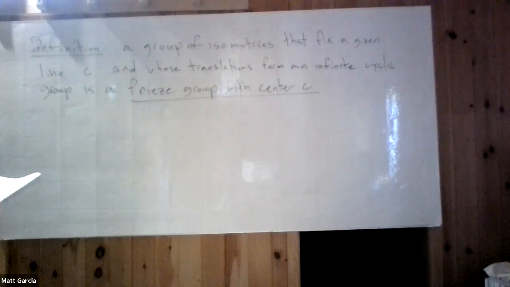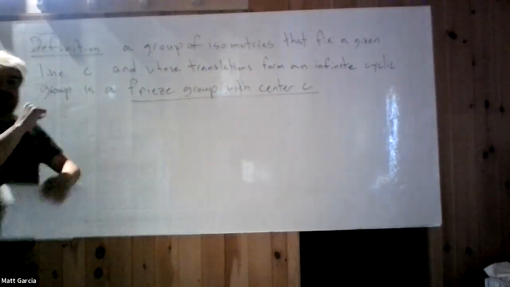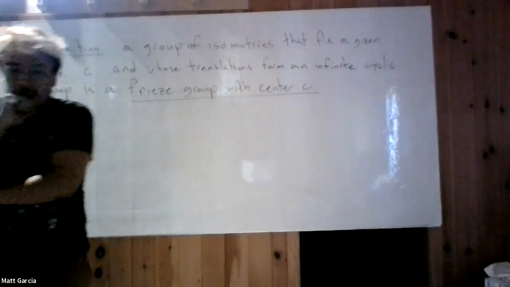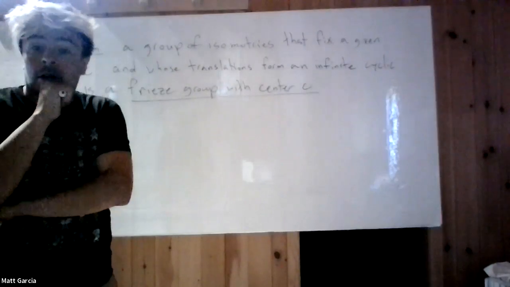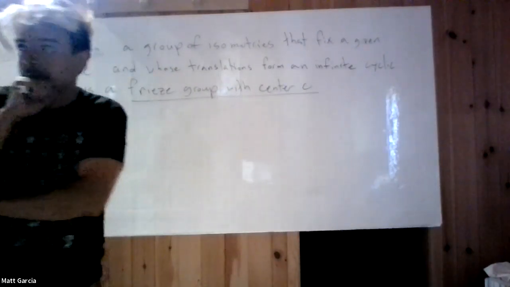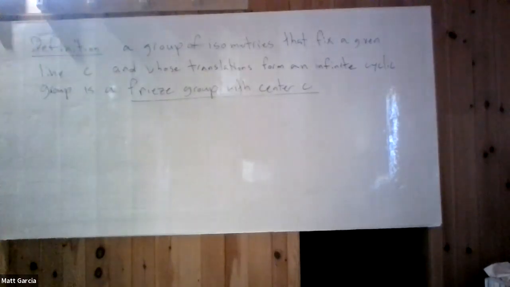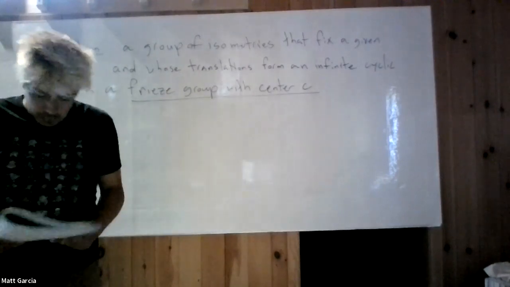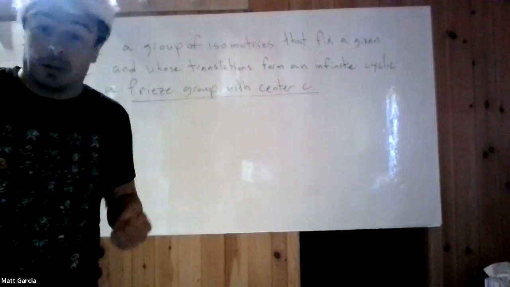So here's the upshot. Here's what we can say about this class of group of isometry. There are exactly 7 types of freeze groups. So what we're going to do now is just puzzle out what those different groups are.